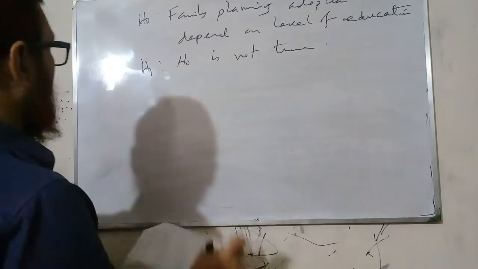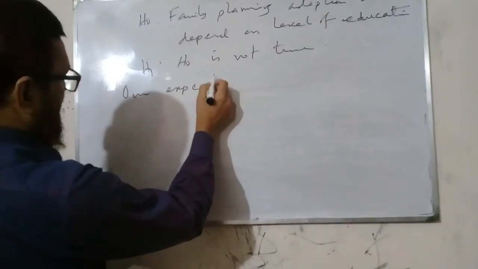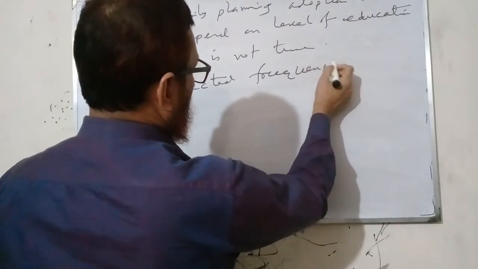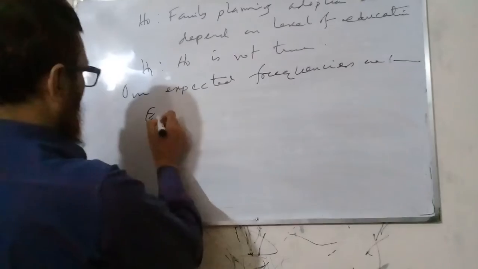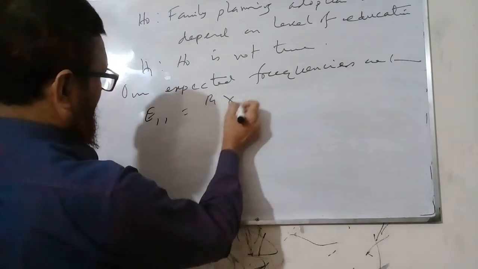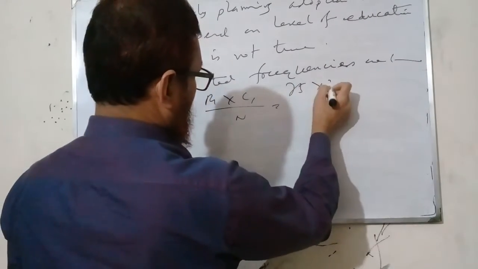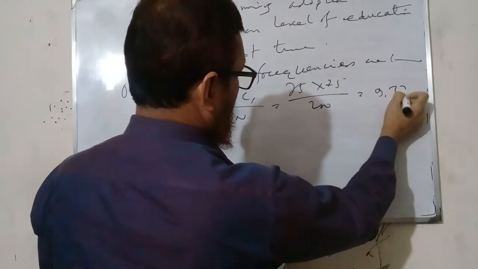Our expected frequencies are E11 equal to R1 C1 by N, 75 into 25 by 125, 109.37.